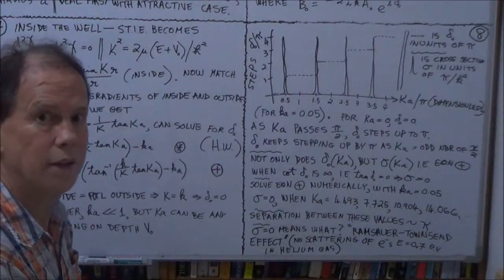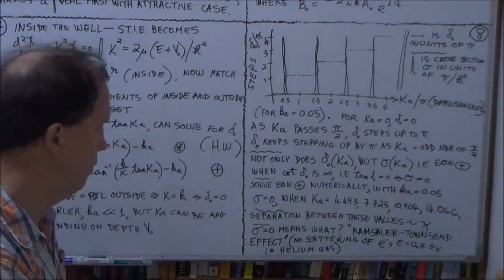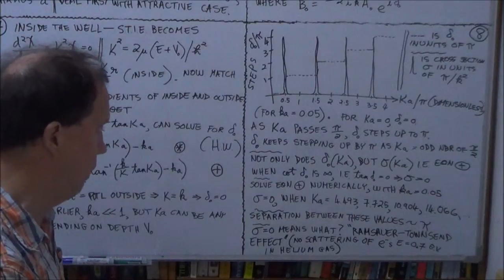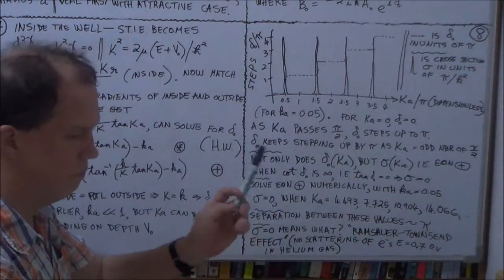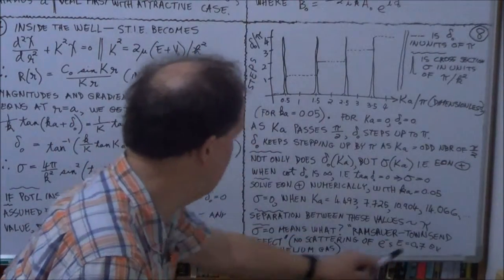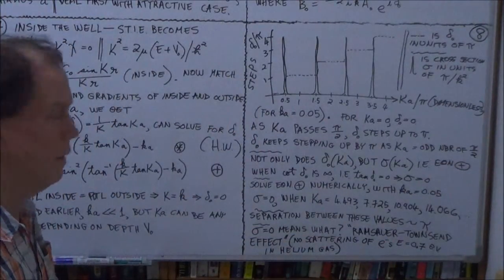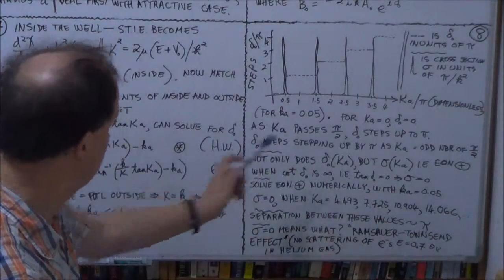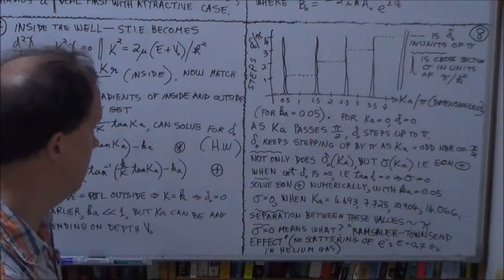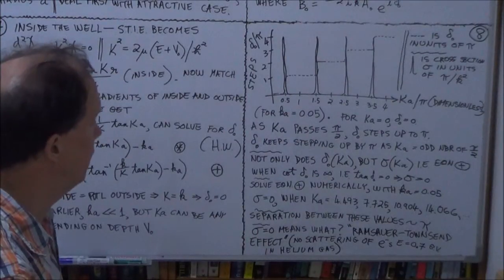They don't scatter, which is sort of odd. You'd expect them to scatter, but they don't. That non-scattering at that particular energy is called the Ramsauer-Townsend effect, which was surprising, but it comes out of this scattering theory.